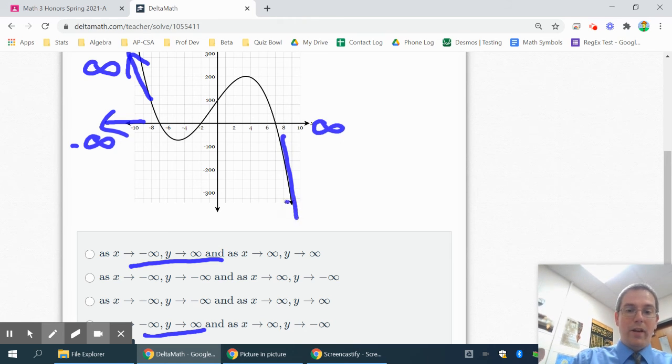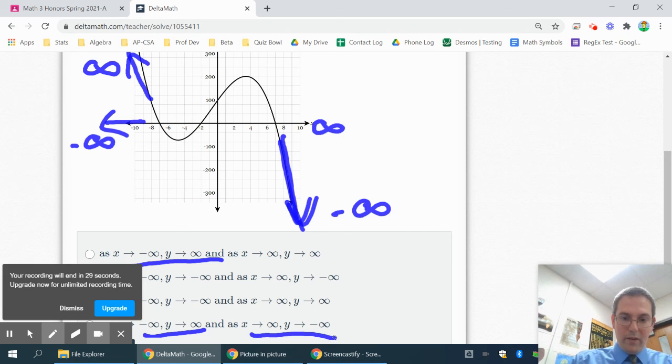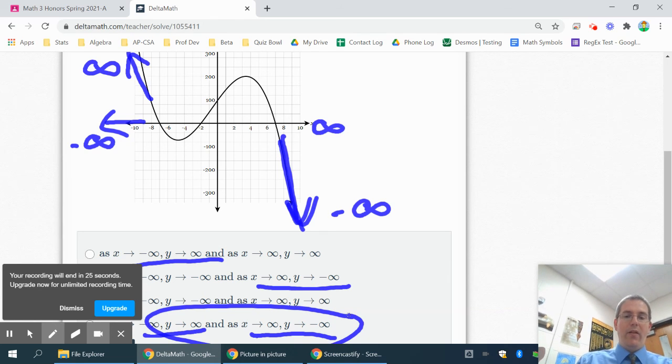And this time the y values are going down. As I go off the right edge of the graph, they would be going down on the right side. So that's negative infinity. So I need one that says as x goes to infinity, y or f of x goes to negative infinity. That would be this one or this one. The only one that works for both of them is D, so that would be your answer.